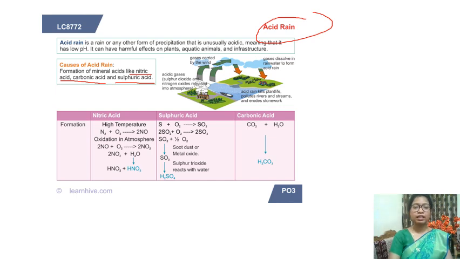For example, here we have nitrogen dioxide, and when nitrogen dioxide reacts with water, that is rain, it forms nitric acid, HNO3. You need not remember the formula. In 8th standard you will be studying formulas.